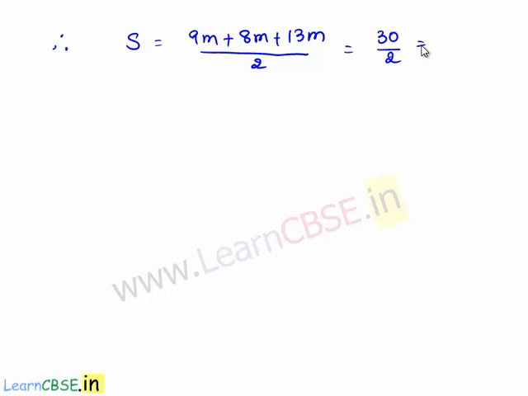Therefore, we can find the semi-perimeter S, that is 9 meters plus 8 meters plus 13 meters divided by 2, which is equal to 30 divided by 2, that is equal to 15 meters.